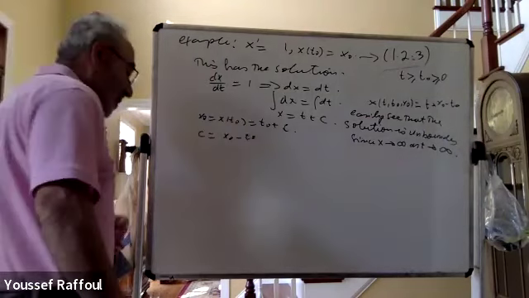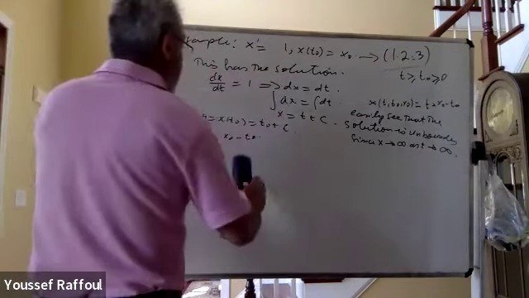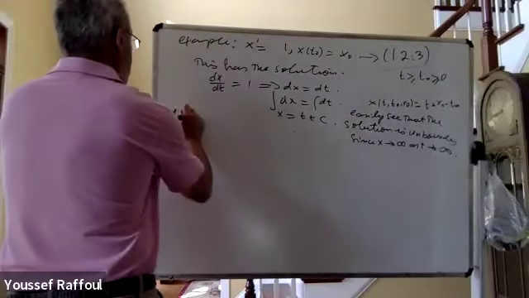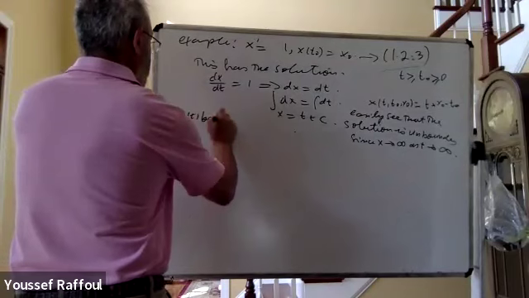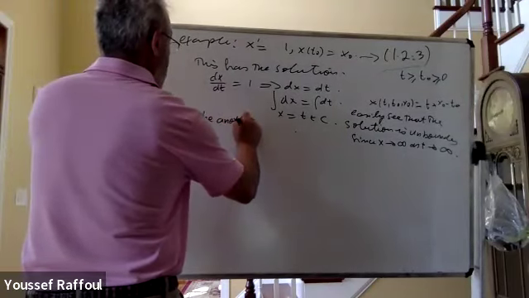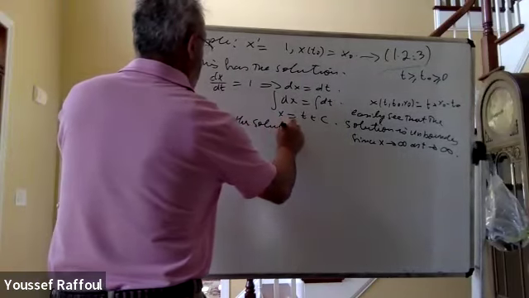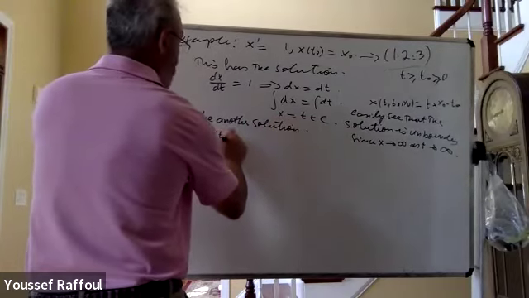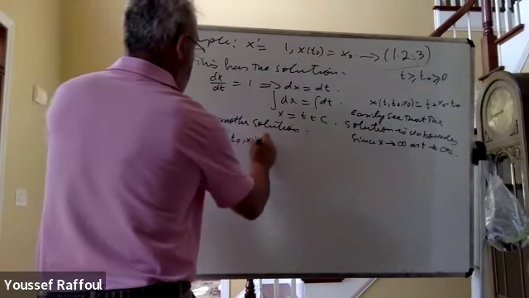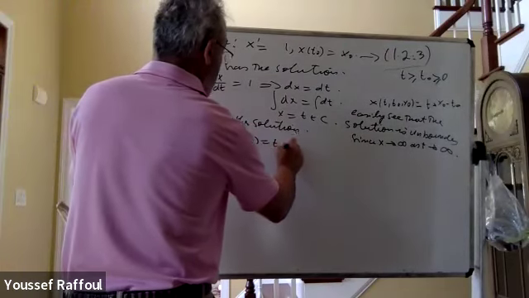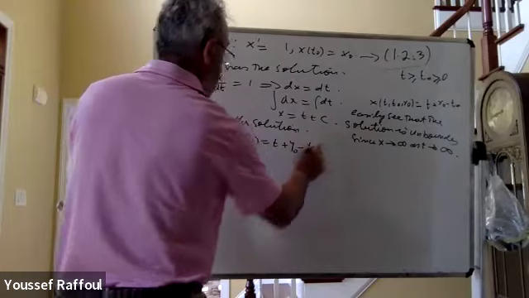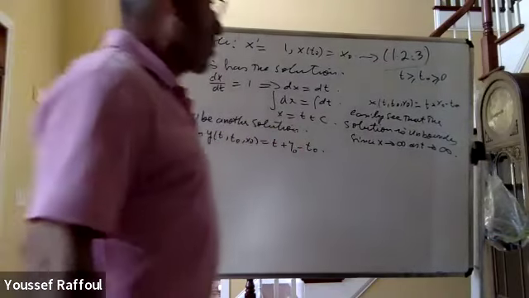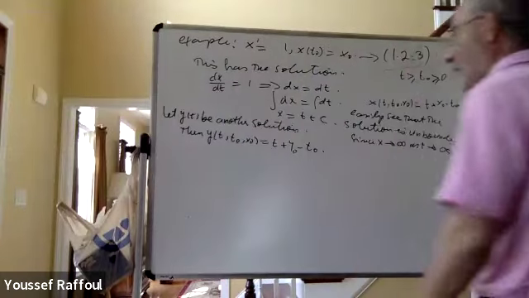Okay. Now, we're going to let y be another solution. So let y(t) be another solution. Then y(t, t naught, y naught) is t plus y naught minus t naught. Remember now, we are using y(t naught) equal y naught. Okay?